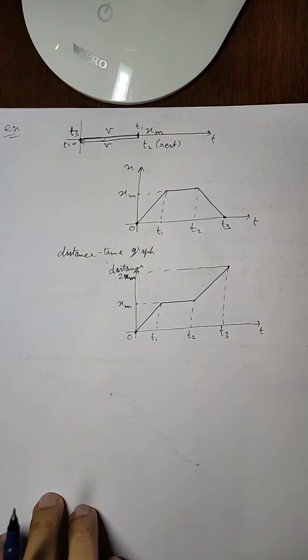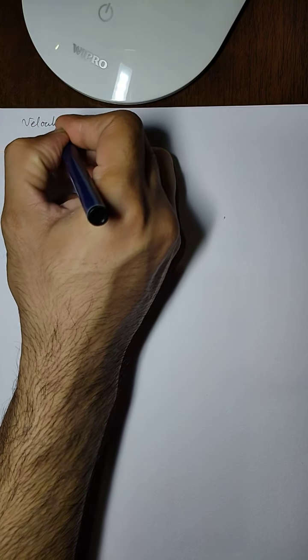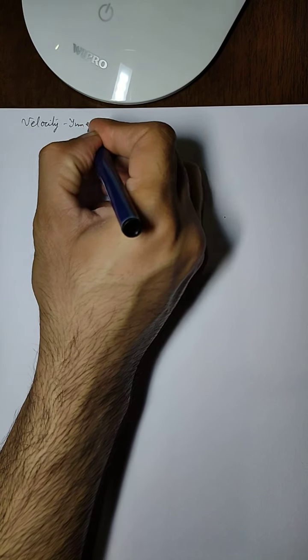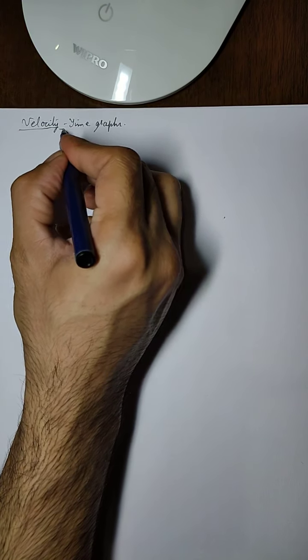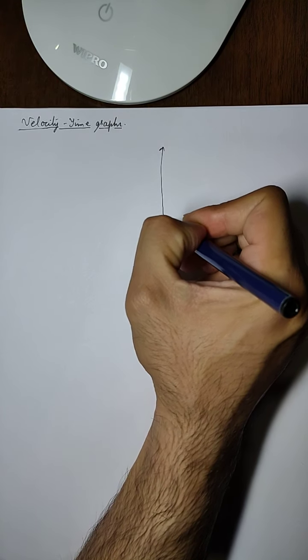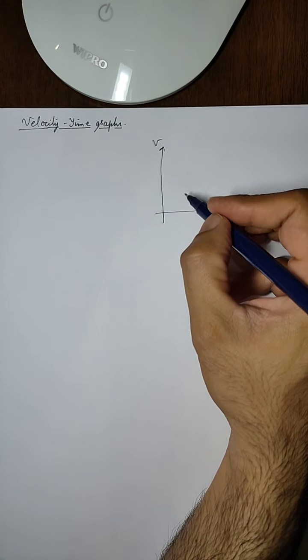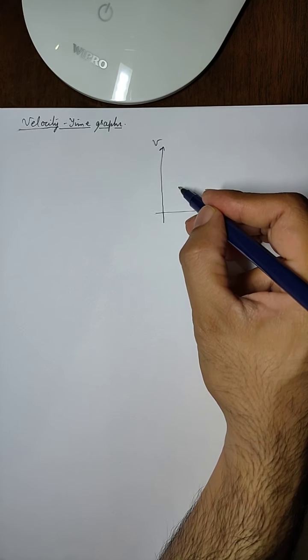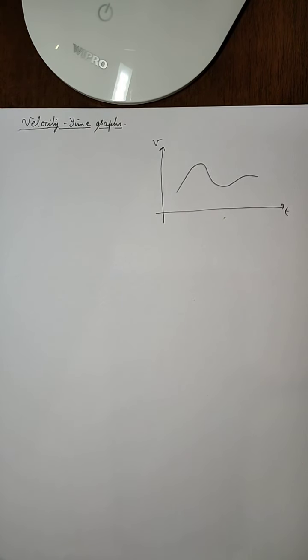Now let us discuss velocity time graphs. Let us see how we analyze a velocity time graph. Let us take a random velocity time curve like this, the same type of curve as we did previously.